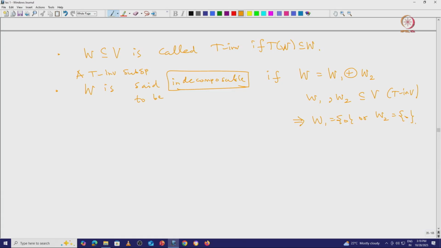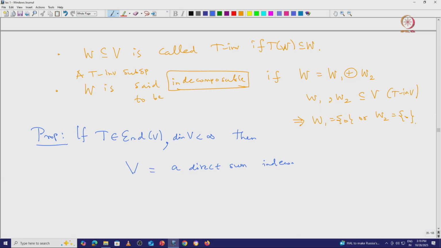Now one can easily state and prove the following proposition: if we have a linear transformation acting on a finite dimensional vector space, then we can write V as a direct sum of indecomposable T invariant subspaces.